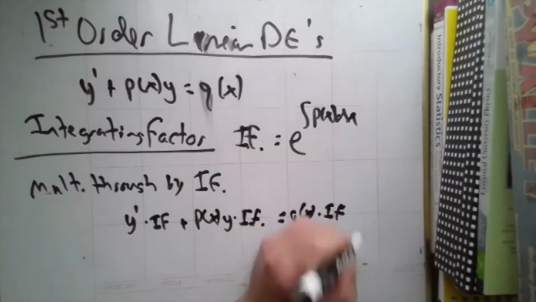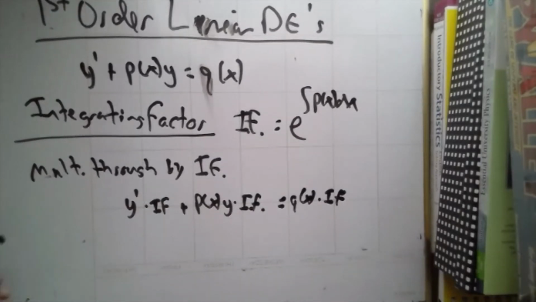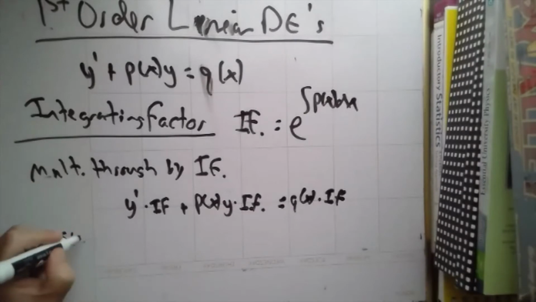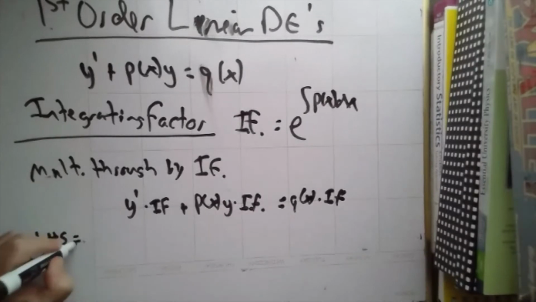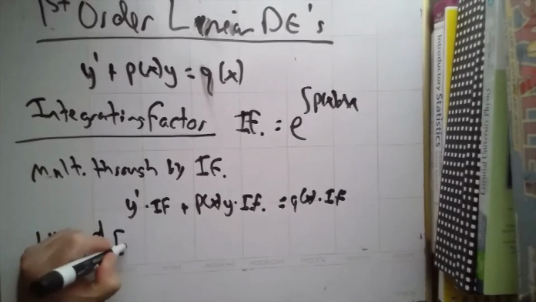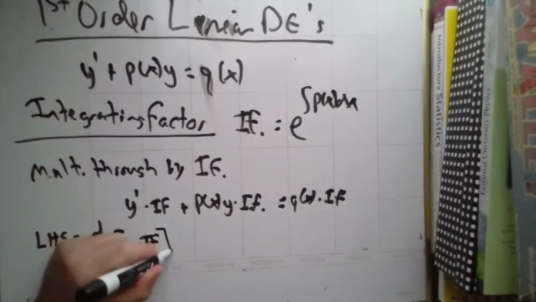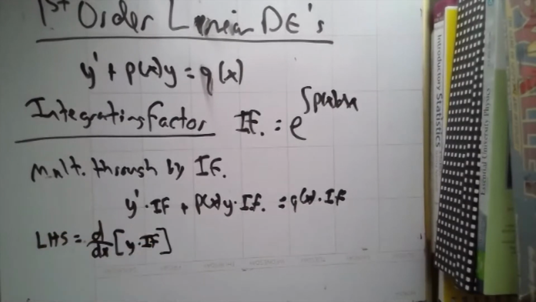The reason we do that is something special is going to happen on the left-hand side. The left-hand side will always equal the derivative of Y times that integrating factor. That will make more sense once we do an example.